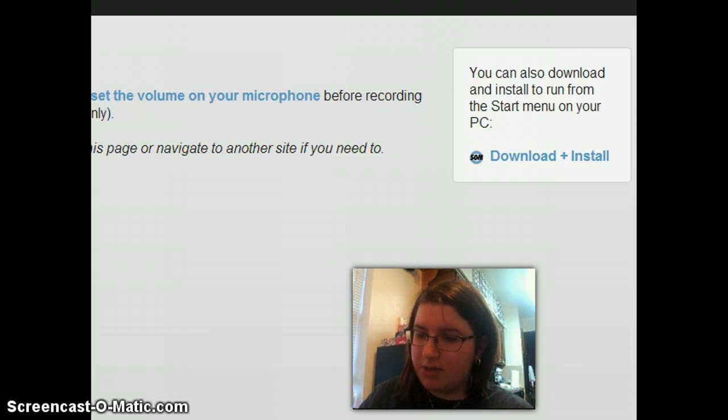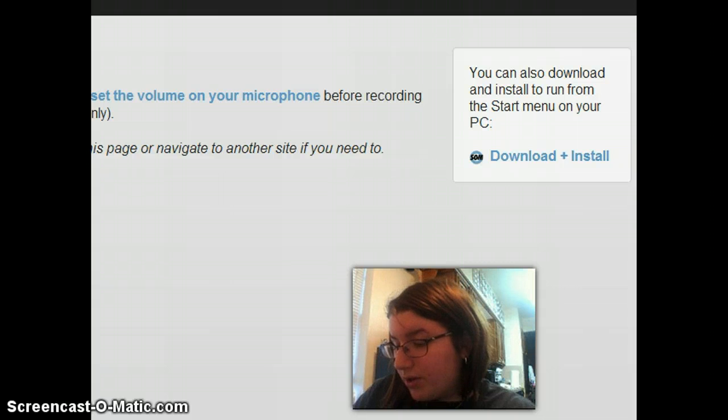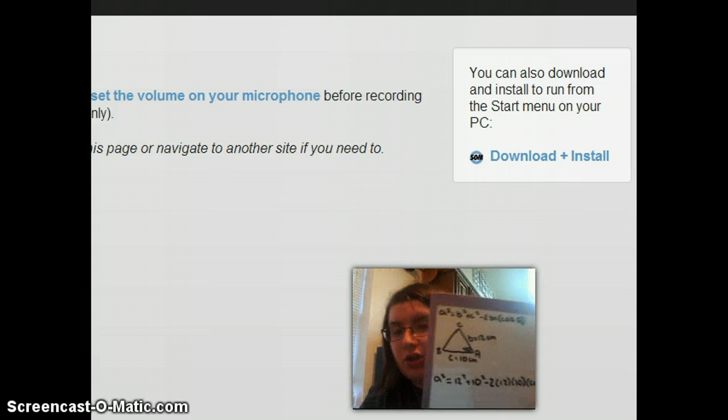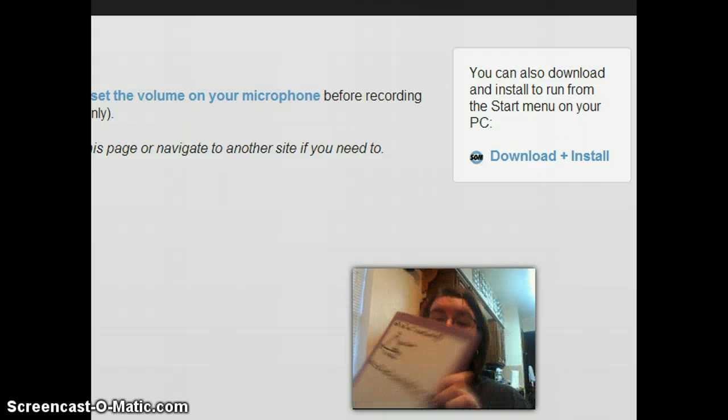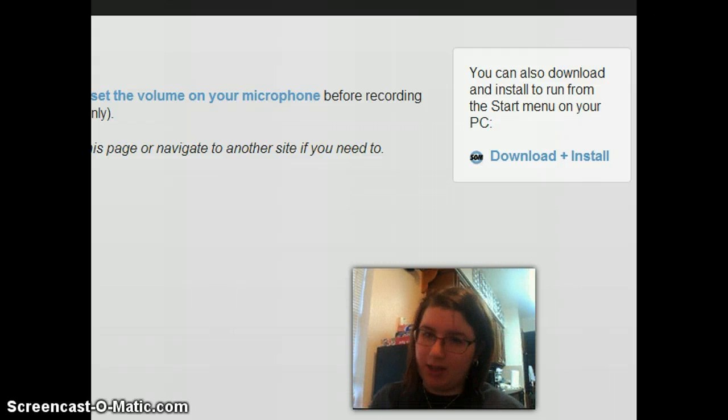Since we do not know the side length, we're going to do a squared equals 12 squared, since that is the measure of side length B. Now we are also going to add 10 squared, since that is the measure of side C, minus 2 times 12 times 10 times cosine of 40, since that's the measure of angle A. So your equation should look like that. I know it's long and it's complicated looking, but really it's easy.